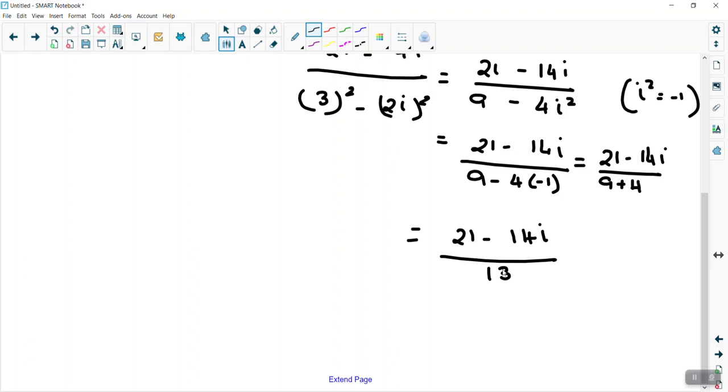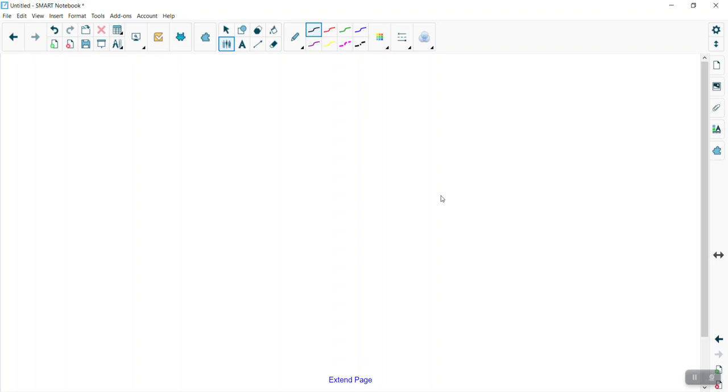Right, so the last type is binomial divided by a binomial. So we could use, for example, 3 plus 2i divided by 5 plus, let us say, 3i. Right, now we have to rationalize this denominator or divide this complex number by this complex number.